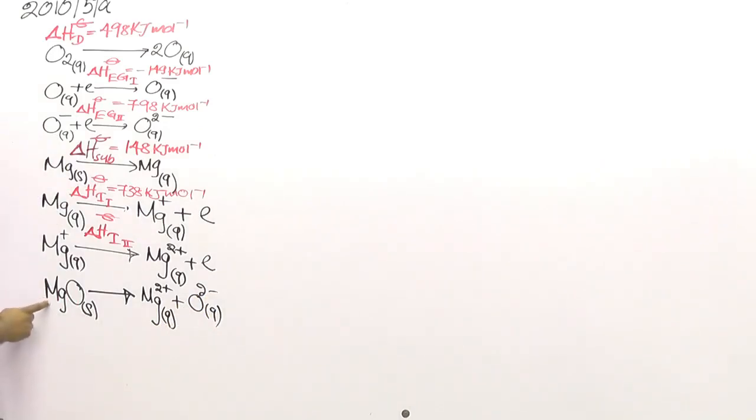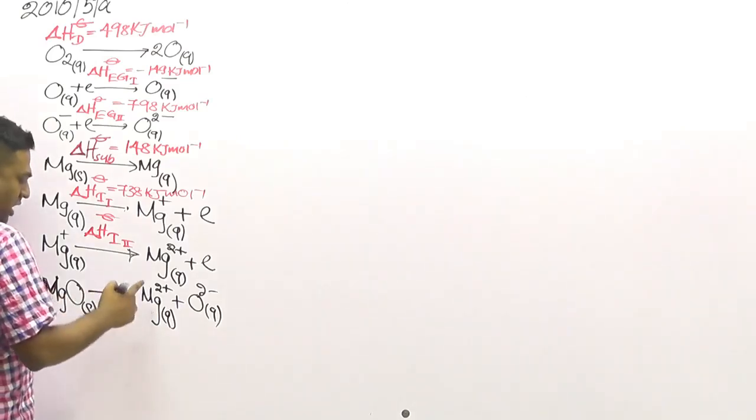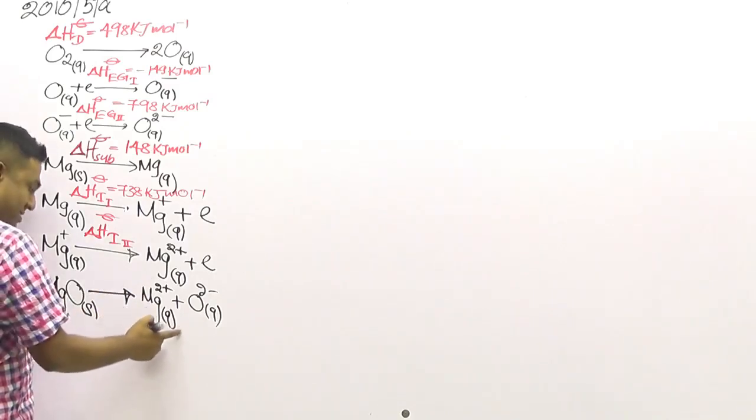Here you have magnesium oxide solid, MgO solid. So 1 mole of ionic compound present in standard temperature and pressure is converted into its gaseous state.